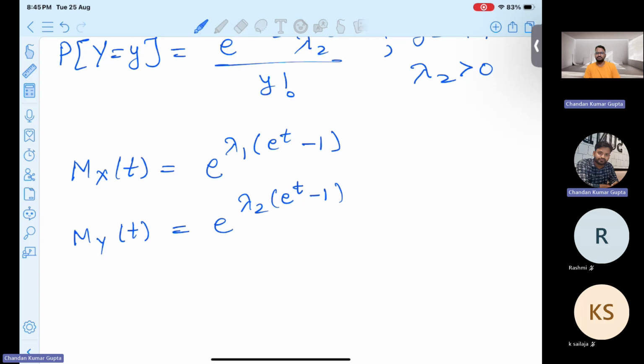This has already been discussed in the previous lecture. If anyone has any doubt, we can obviously discuss this in class as well. But we can directly use this formula because we already know the MGF of the Poisson variate.